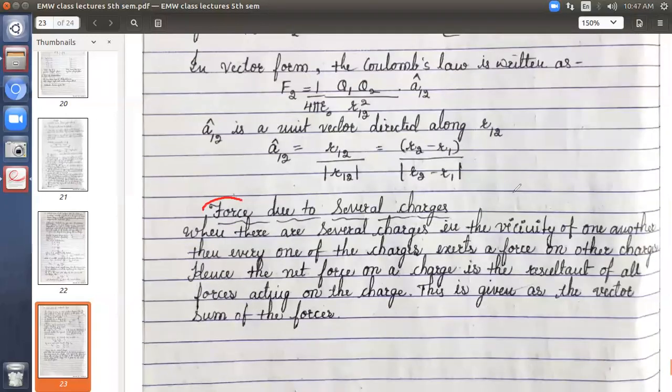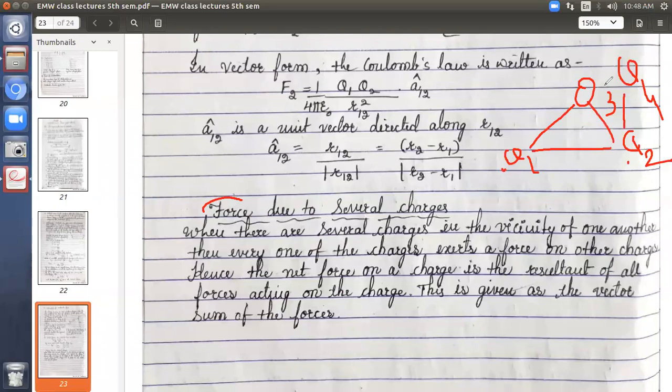If we have only two charges Q1 and Q2, there exists a force, either a repulsive force or an attractive force. If you assume that there are multiple charges, not even only two, there are many charges, say Q1, Q2, then Q3, Q4, like that, then obviously between each pair some force exists.